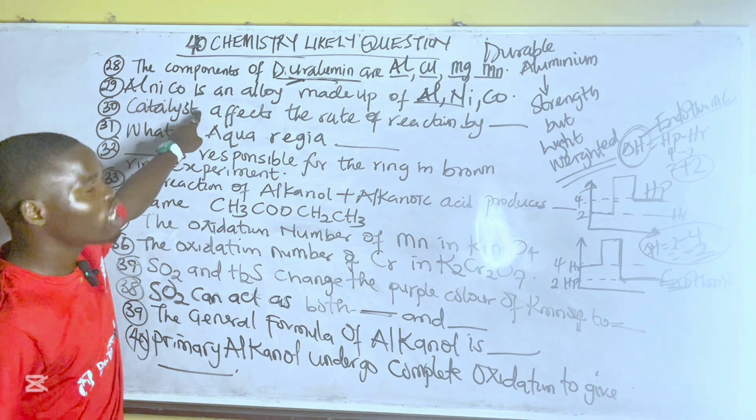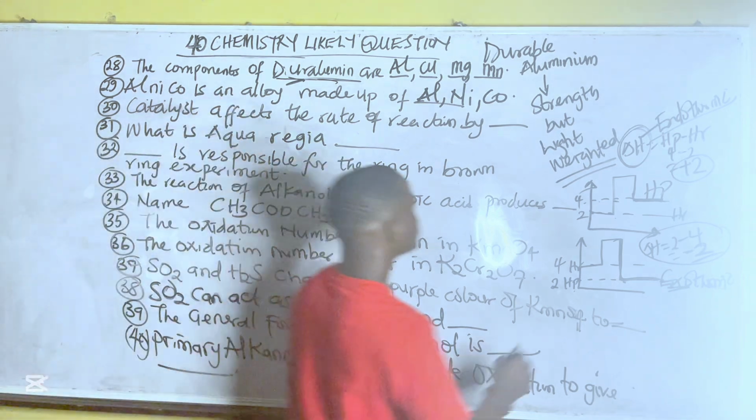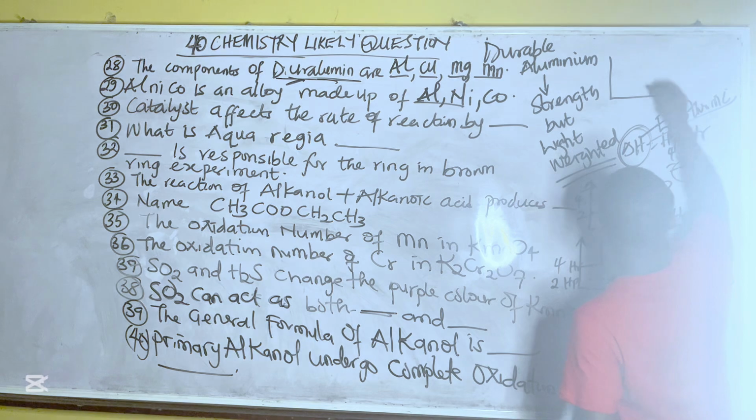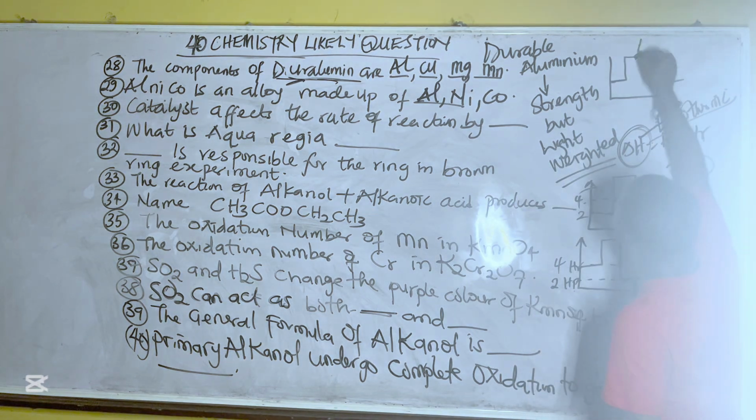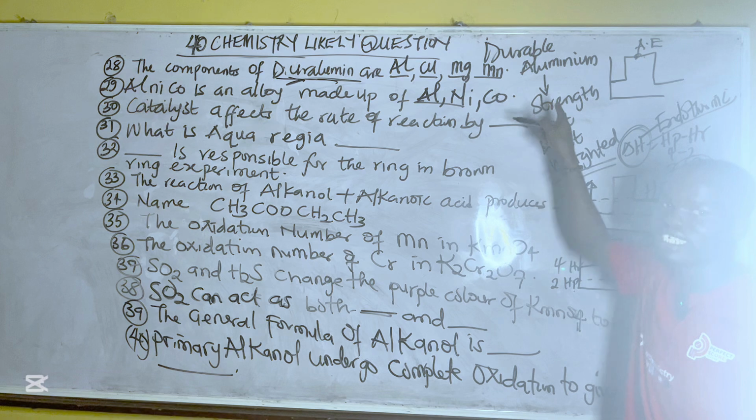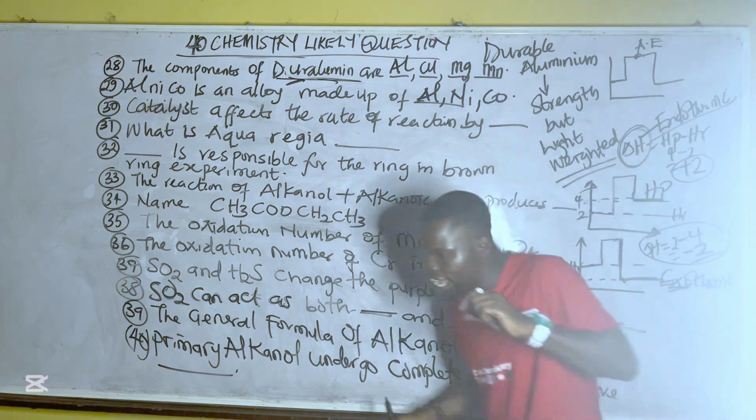Now, we've not answered this question. Look at what happened. If you have something like this, just like we said, there's something called activation energy. The idea is that you must have an energy equal to this or greater than this. You want to fly.